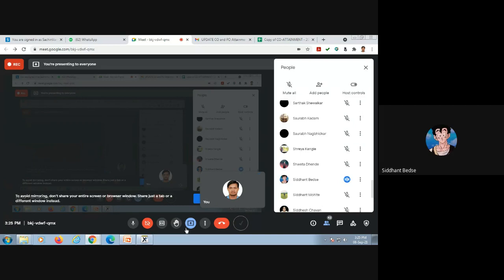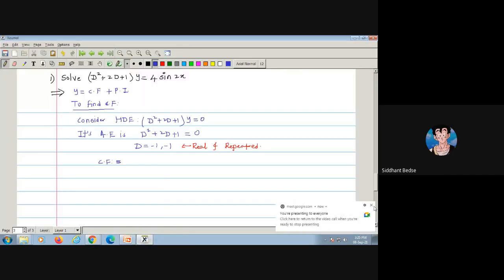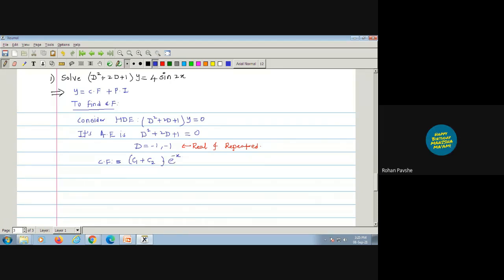Sir, answer is C1 plus C2 e raised to minus x. Is it just C2? Yes, e raised to minus x. X, sir, C2 into X. It must be X here, because if the roots are two times repeated, then we have to write C1 plus C2x.